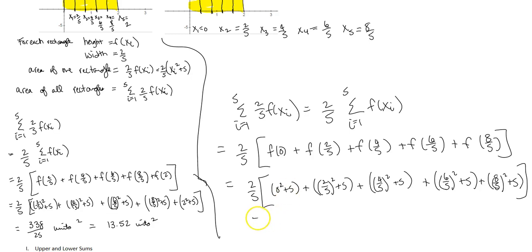And when you do all of that arithmetic, you get that that is 298 over 25 units squared. And this actually has a nice terminating decimal too, as 11.92 units squared.